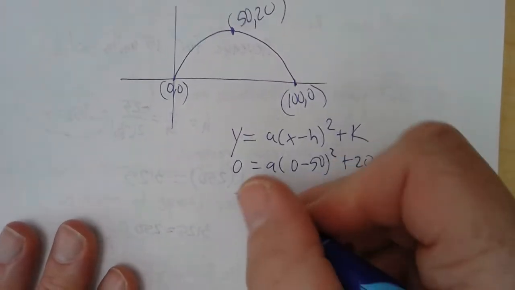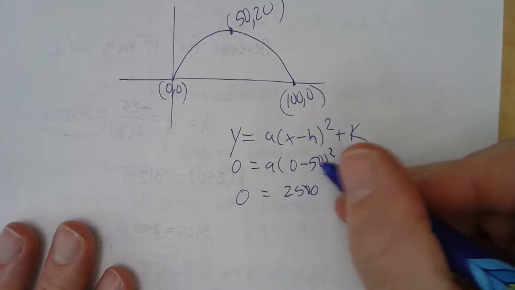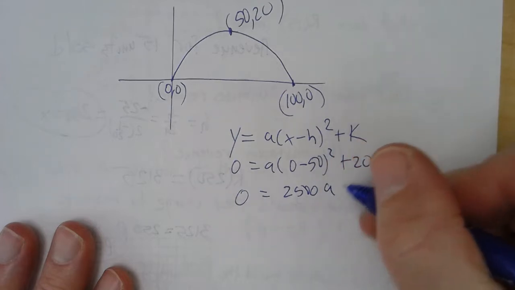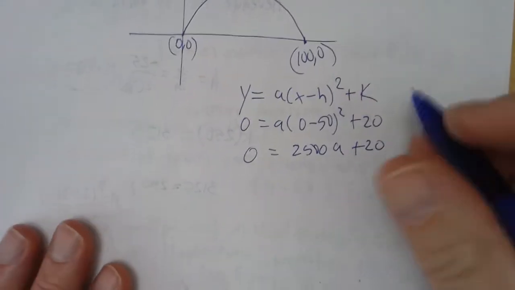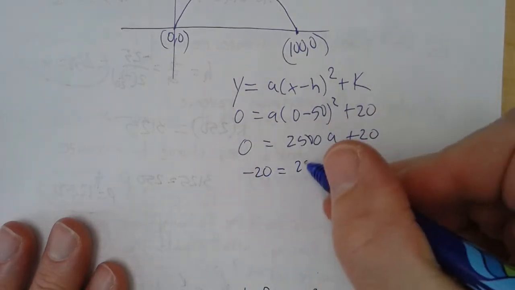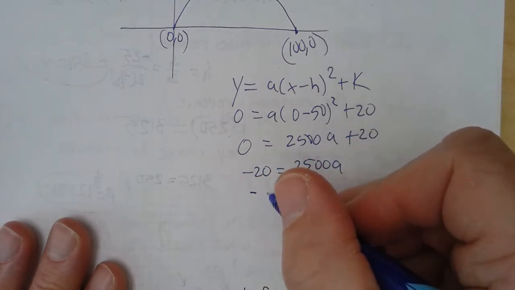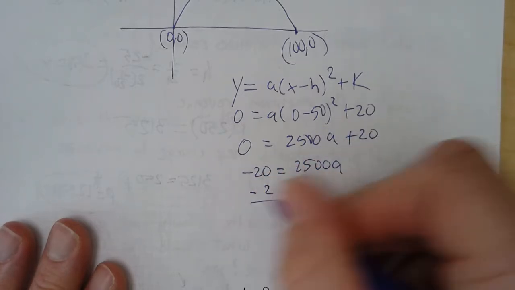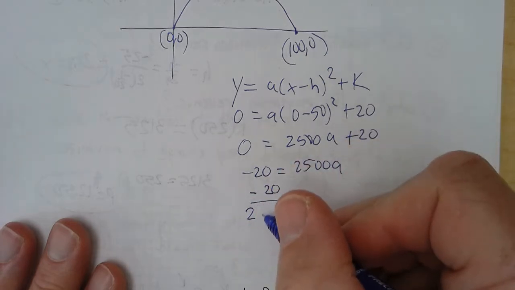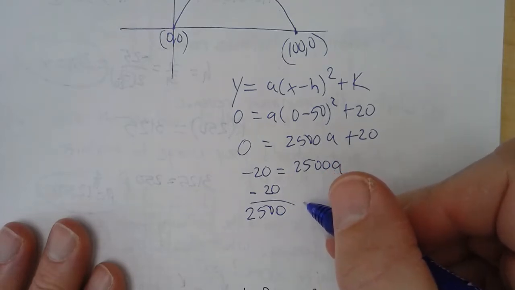Okay, so this would be 0 is equal to 2,500a, because 50 times 50, it'd be negative but you square it, so 50 times 50 is 2,500, a, plus 20. Minus the 20 over, we get negative 20 equals 2,500a. Divide the 2,500 over, negative 20 over 2,500, and it looks like I said 8 over 1,000.